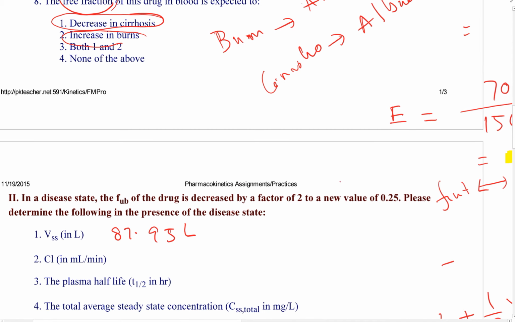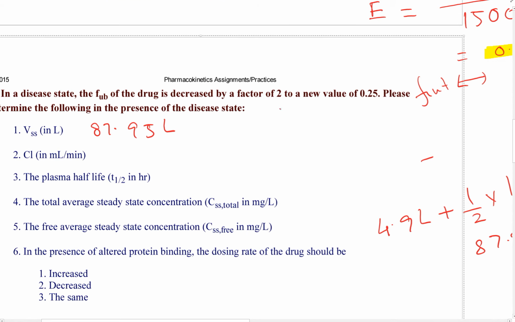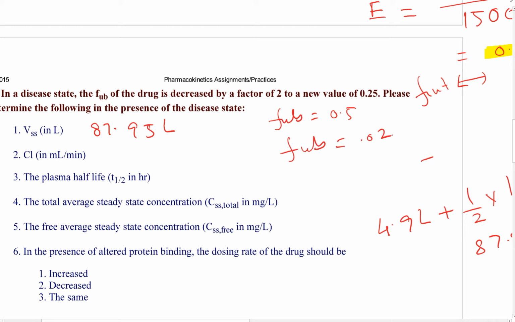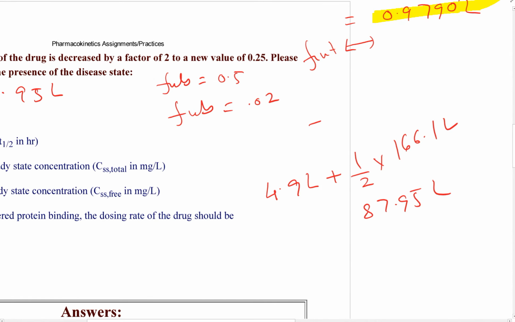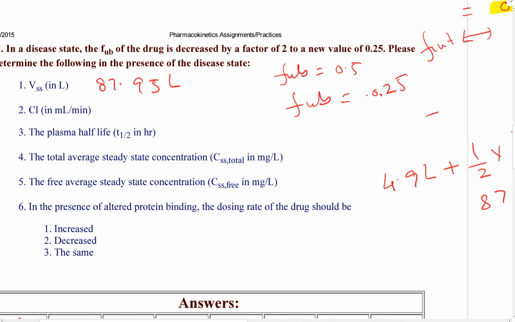So again, if you understand this FUB, our initial FUB was 0.5. The new FUB because of the disease is 0.25. So now based on the equation, 0.25 means fraction unbound has decreased.